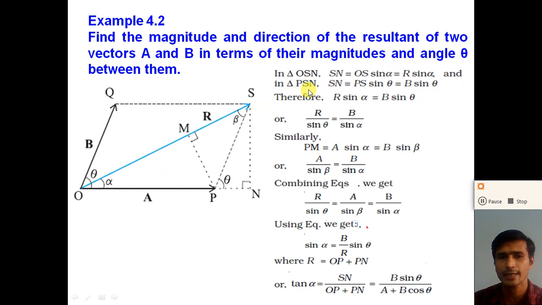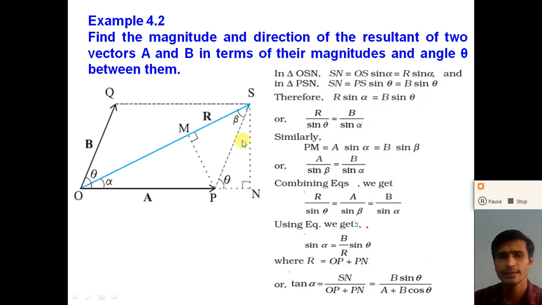In the triangle PSN, SN is equal to PS sin theta, where PS is equal to the magnitude of B, so we get B sin theta. Both are SN, so R sin alpha is equal to B sin theta.